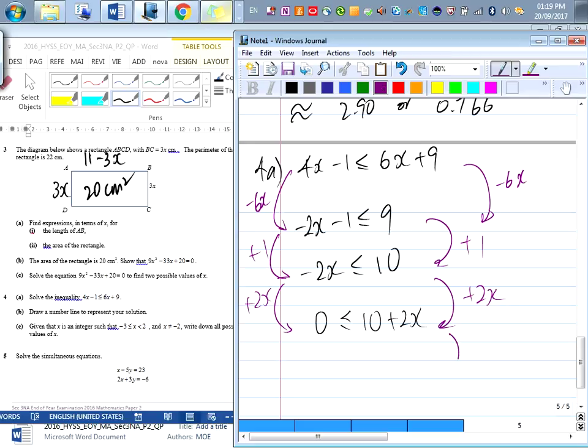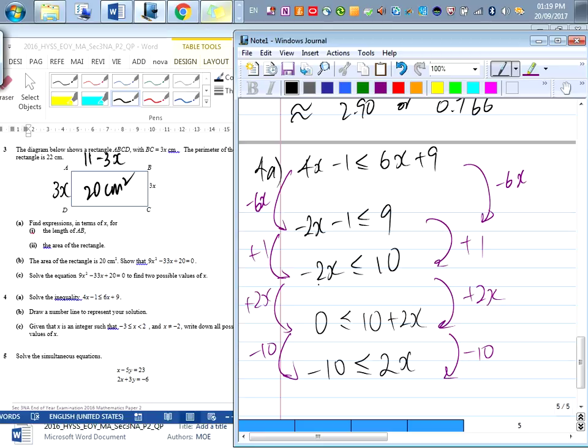Now what happens next? I minus 10 on both sides. Then I will get negative 10 is smaller than or equal to 2x. So now I have my x on one side. You notice that the negative sign for the x has disappeared.